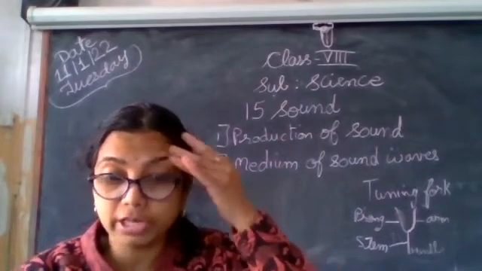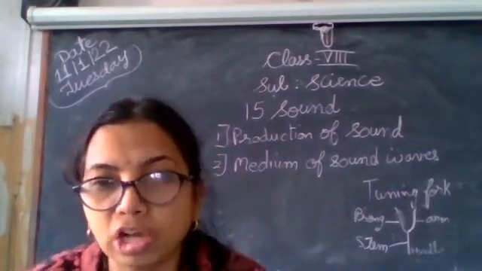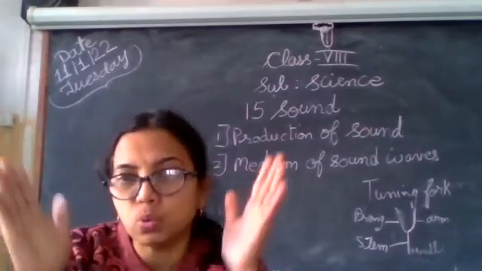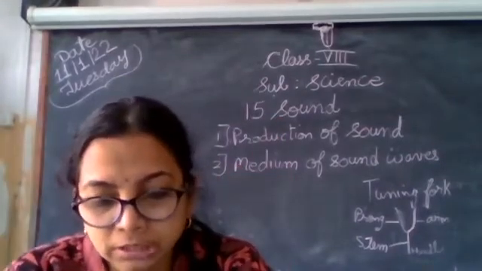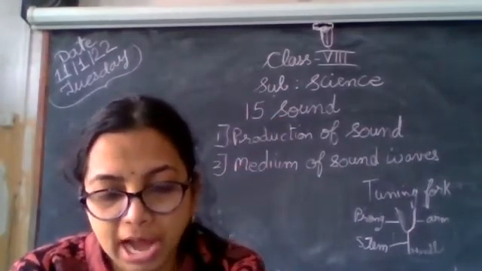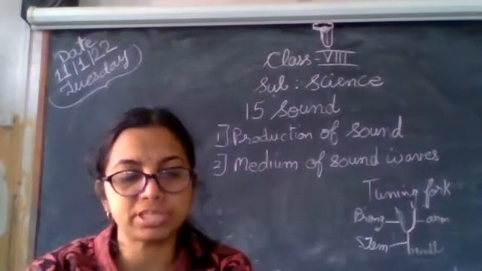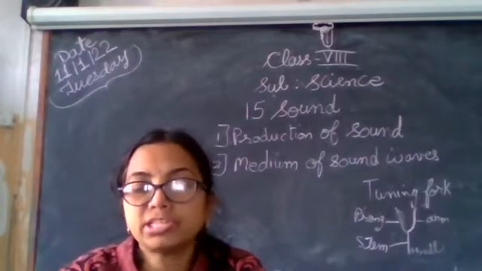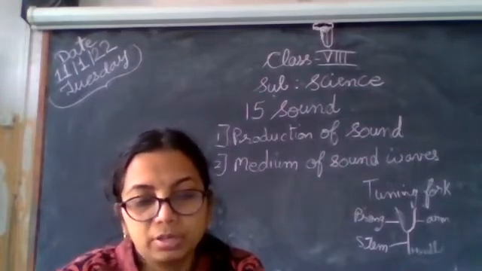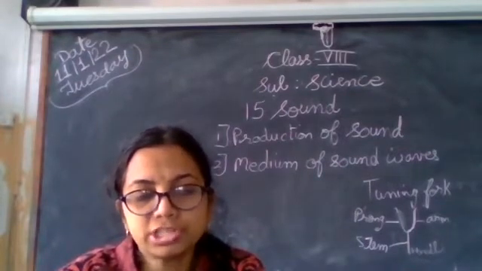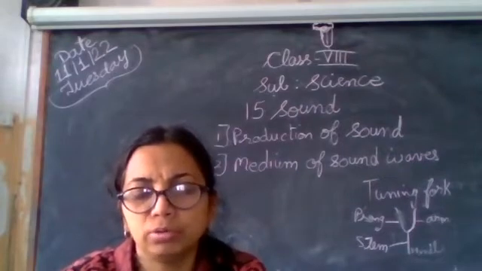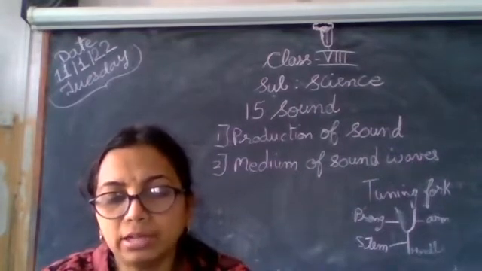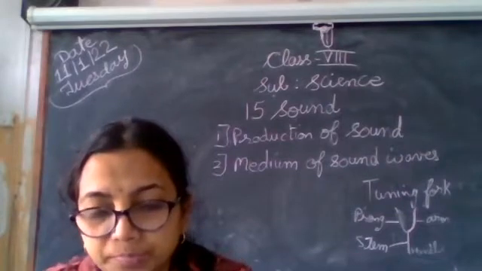A tuning fork is made of two prongs and a stem. You can see the two arms, that we call prongs, and keeping the stem steady, if the prongs are struck, they start vibrating. To show the state of air around the tuning fork, vertical lines are used.